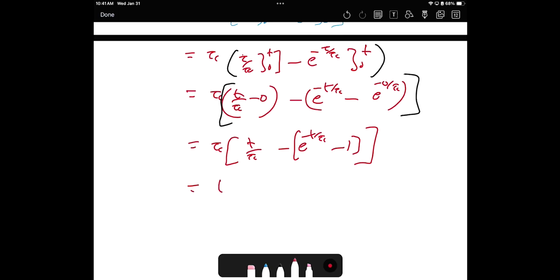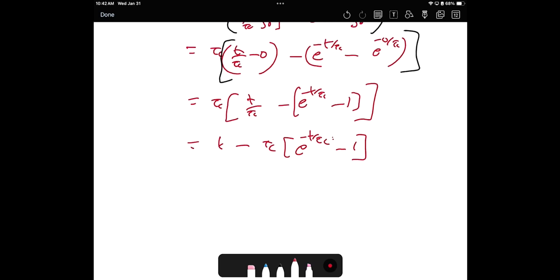This yields tau c, and tau c will cancel each other. It will be t minus tau c, 1 minus t over tau c. Or actually, plus tau c e power negative t over tau c minus 1.